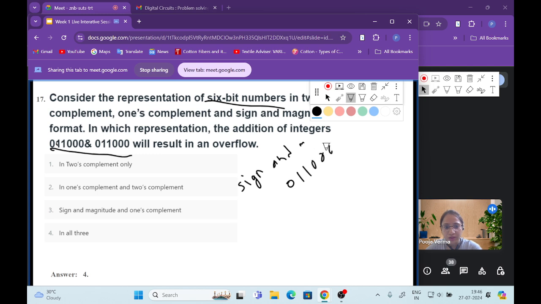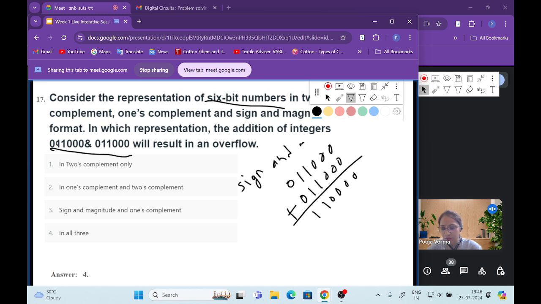0, 0, 0. Again 0, 1, 1, 0, 0, 0. If you add this, what will you get? 0, 0, 0. Right? 1, 1, 1, 0. Again 1, 1, 1, 0, 1, 1, 1.